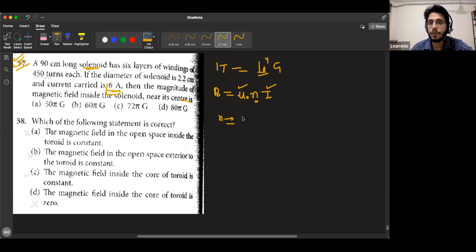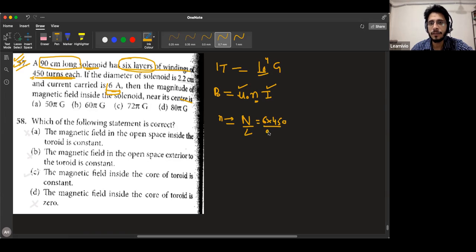Number of turns per unit length means total number of turns divided by length. Now, read this statement. 90 centimeter long solenoid means length of the solenoid. 6 layers of windings of 450 turns each. It's not number of turns per unit length, it's total number of turns. 450 turns of 6 layers of winding, so N is 6 into 450.